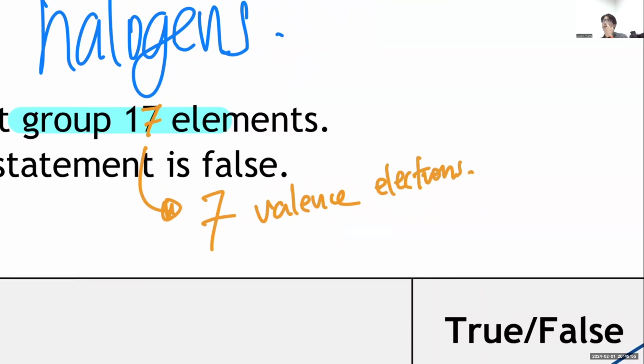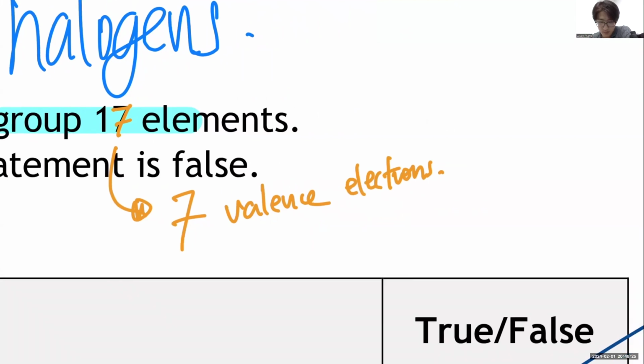It's just like I'm wearing a jacket versus I'm wearing a jacket on the outside. The first sentence may only just mean I only have a jacket. I never wear anything else inside. But if I'm wearing a jacket on the outside, it means that there's something else inside. They can be one shirt, two shirts, three shirts, four shirts. Doesn't matter. I got one jacket outside. So valence electrons immediately tell me, hey, I'm only telling you about what happens on the outside. Okay?